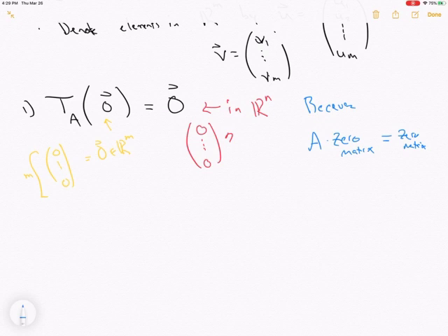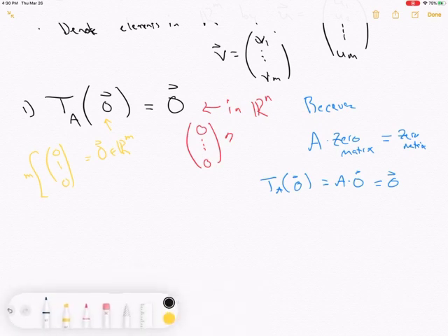Always. So, by definition, Ta of the 0 vector is A times the 0 vector, and so that has to be the 0 vector, where vectors are special types of matrices. Okay, so that's the first property. It's not that surprising.